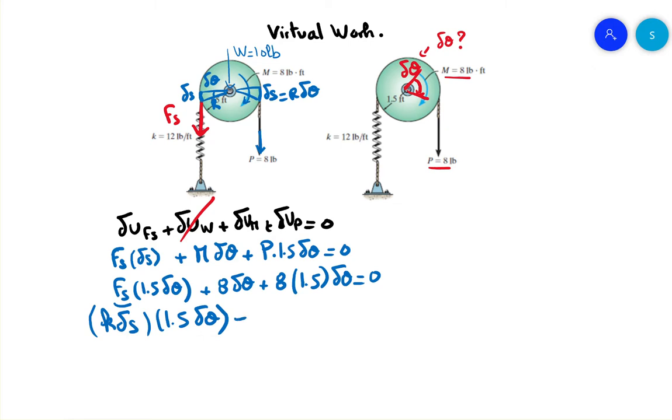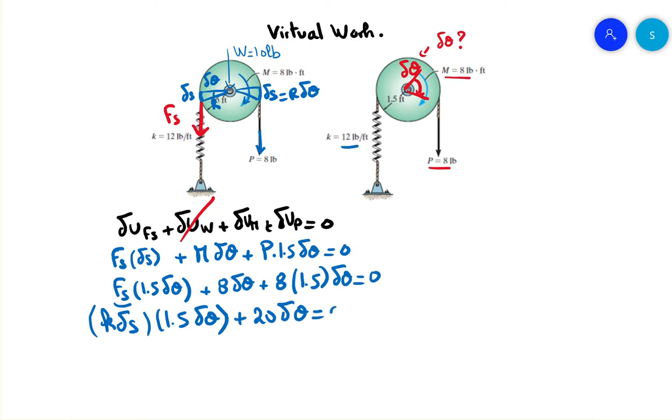So this is 8 plus 8 times 1.5, which is 20 delta theta. K is equal to 12.